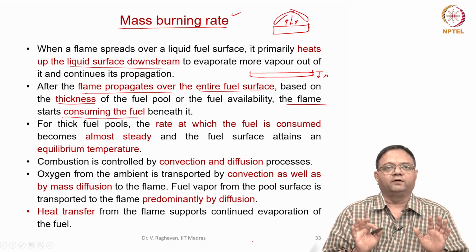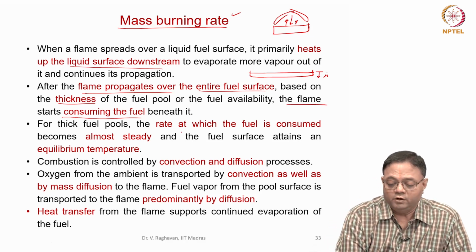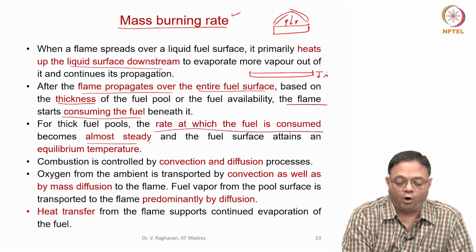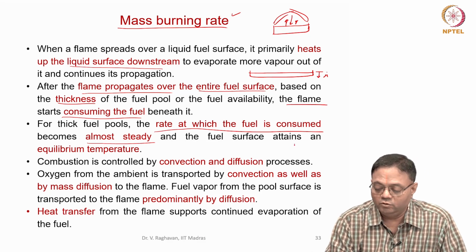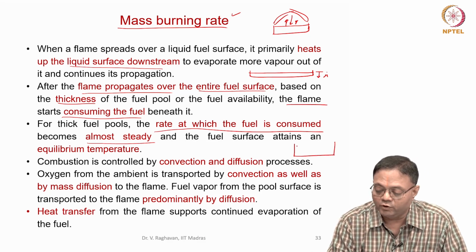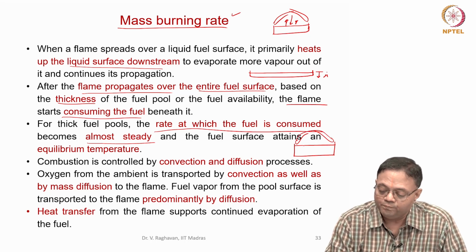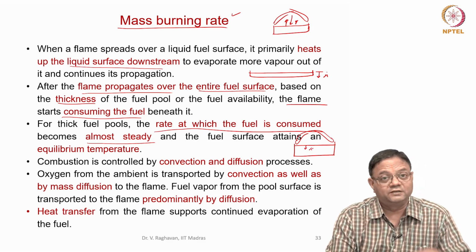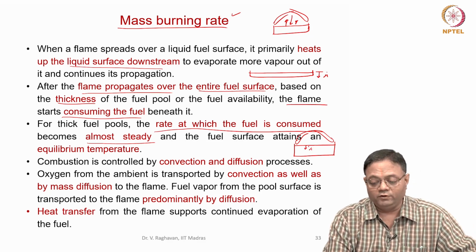So, for a thicker fuel, we can say the rate at which fuel is consumed becomes almost steady. So, we take a thicker fuel and there is a flame which is fully established over this surface. Then slowly the surface regresses, not only slowly but steadily.